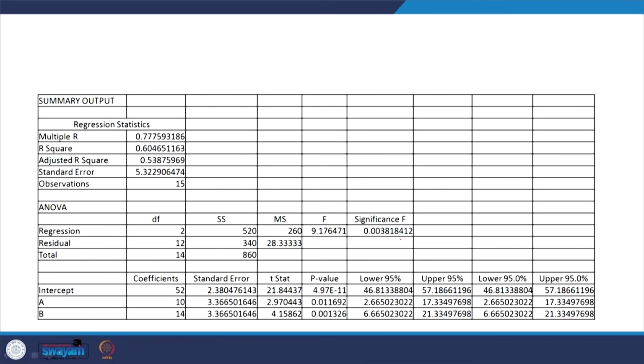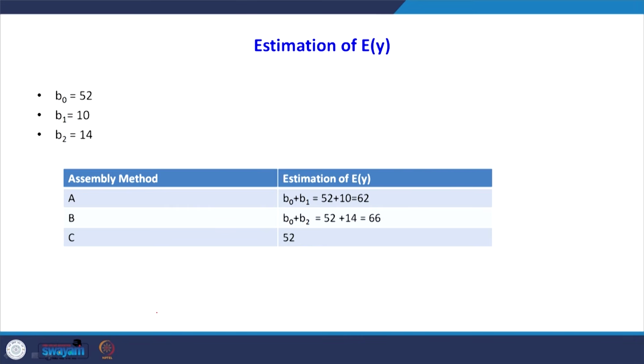Now what we got, when you look at these coefficients, the intercept is 52, that is your beta 0. This is beta 1, the coefficient of A, this beta 2 is the coefficient of B. See, beta 0 is 52, beta 1 equal to 10, beta 2 equal to 14.